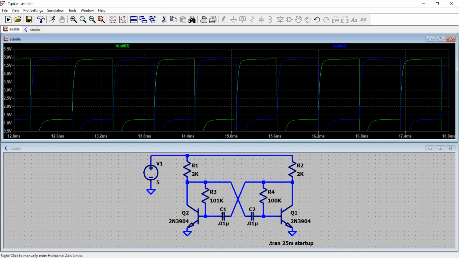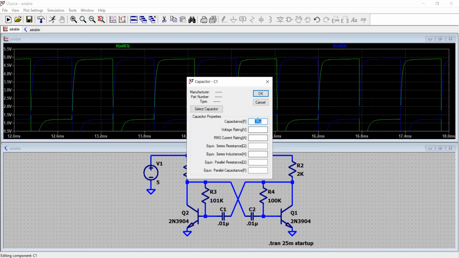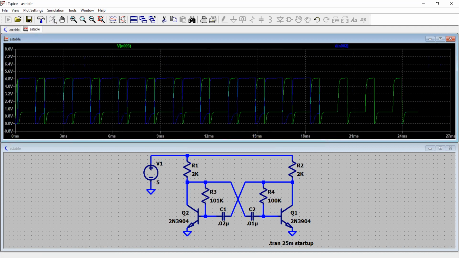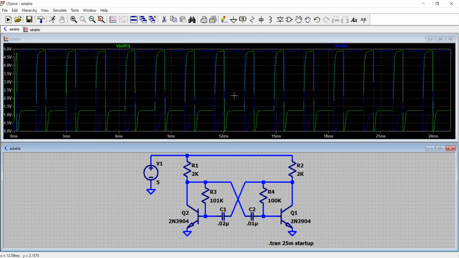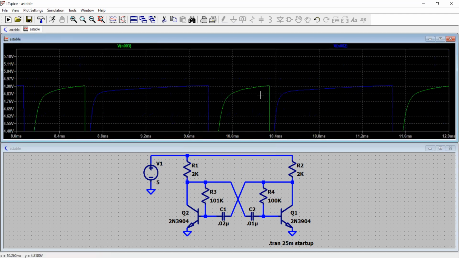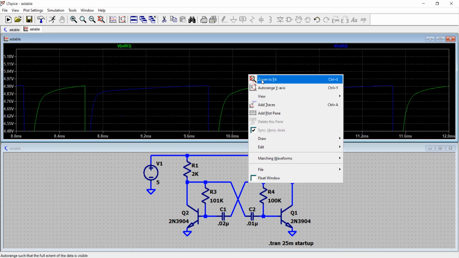What if I want to change the capacitance a little bit, let's say to 0.02 micro? If I make such a change and simulate the waveform, then you can see the time period for the voltage at the collector of Q2, that is the blue line, has increased, while the time period for Q1 is going to be the same.